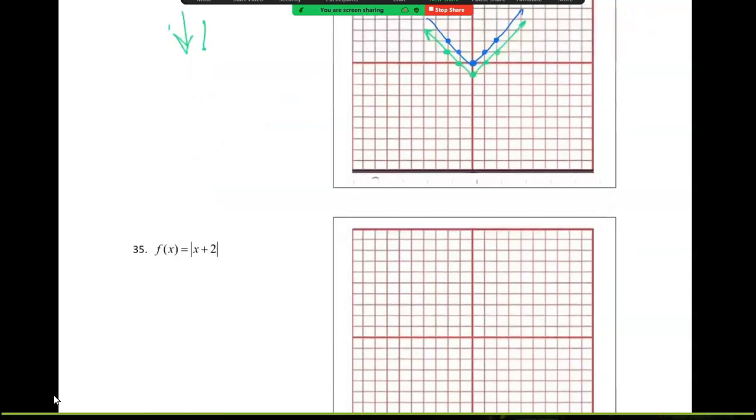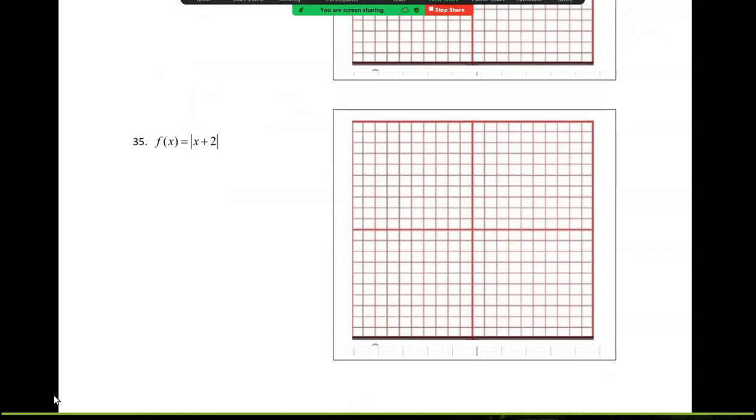Okay, next one. This is also parent function, so I'll do that in red. Okay, my parent function equals absolute value of x. So what does that look like? Same thing we just did. So I will not go through the explanation again. Okay, so there I have my parent function. I'm happy with that. Okay, I'm going to do maybe gray this time. What's happening here? Well, that 2 is inside next to the x.